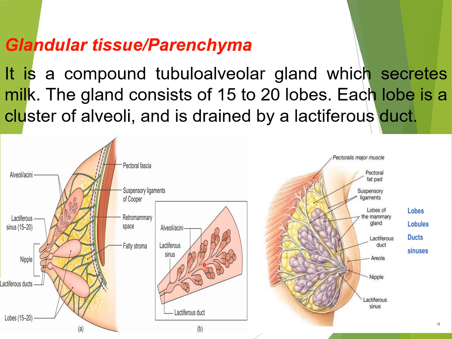Now each segmental duct divides into a number of terminal ducts, so they form the so-called grape-like clusters. The area of the breast parenchyma drained by one terminal duct is known as the lobule.